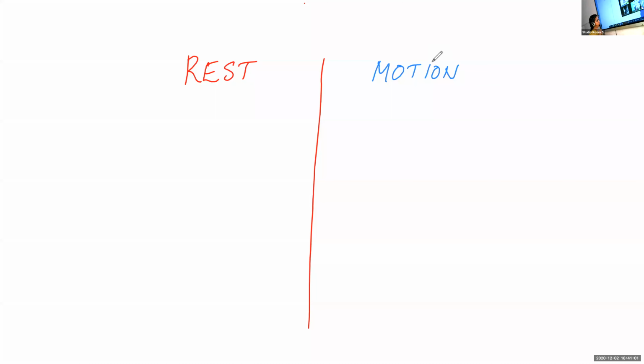Now, what you have to do is just try to remember the things that you saw today, right from the moment you opened your eyes in the morning or afternoon, whenever you woke up. And then just separate the things into the ones at rest and ones in motion.